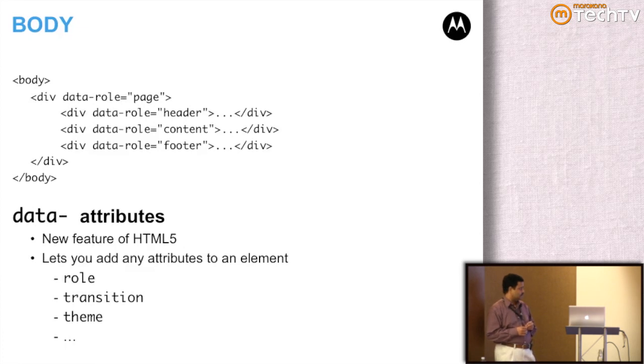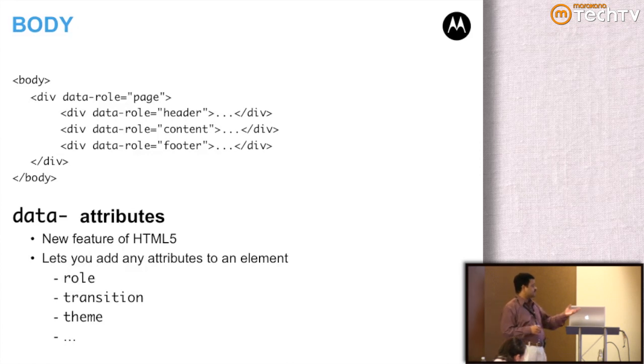So, it is just like setting a property. For example, when I say data-role equal to page, I define all of the styling in the style sheet. So, I do not really have to do anything specific inside my HTML code for the styling or the behavior or anything like that. I do not even need to write JavaScript.